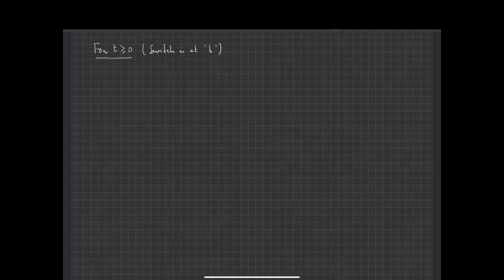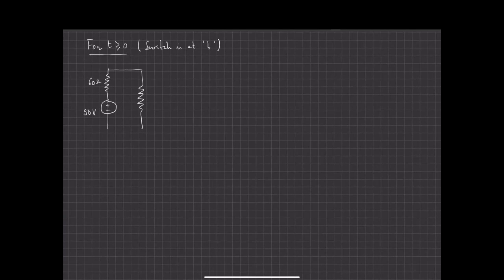So let me redraw the circuit for t greater than 0. All right. So here what I have is the following. I have this 60 ohm resistor. I have this plus minus 50 volt source. Then I have this 200 ohm resistor.